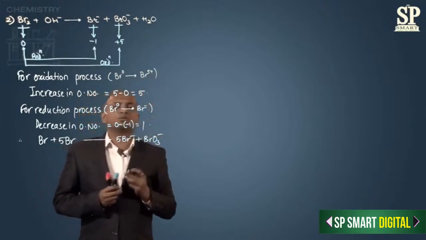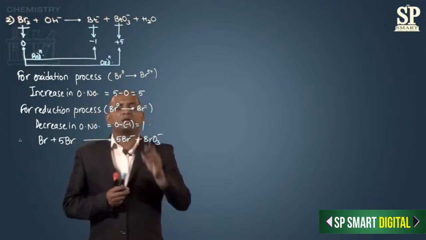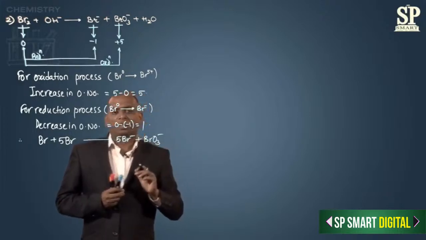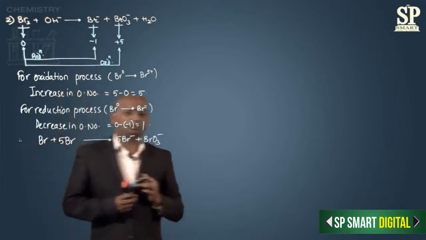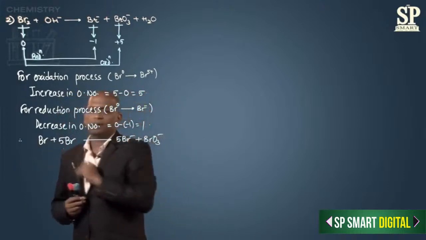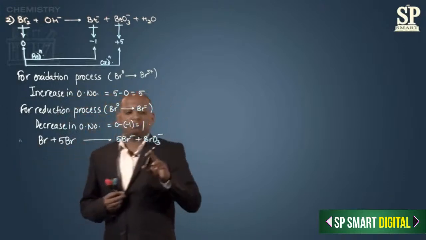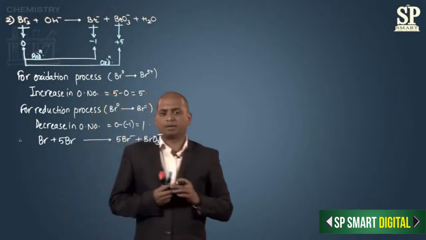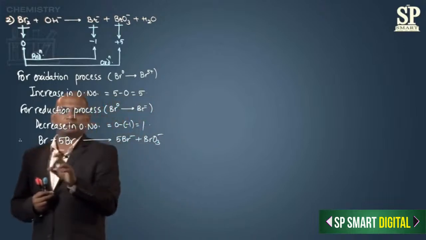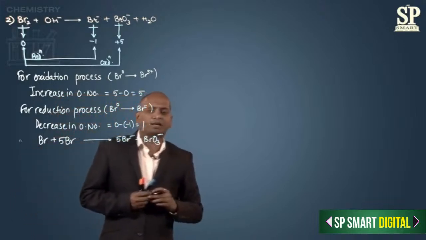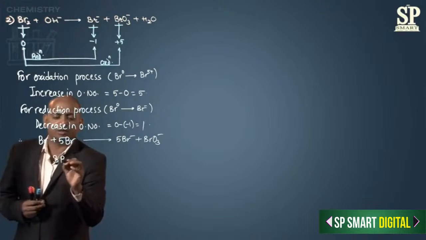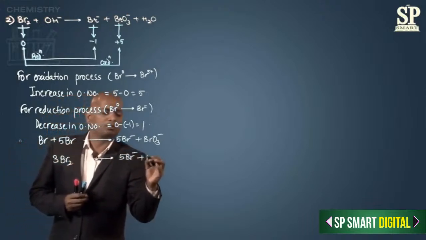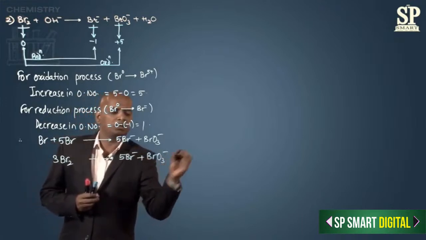Here we are not supposed to multiply by any integer, while here we have to multiply by integer 5. Hence the ultimate equation becomes BrO3 minus, 5Br, 5Br minus. So it becomes 6Br, and 6Br we can write as 3Br2 gives you 5Br minus plus BrO3 minus.